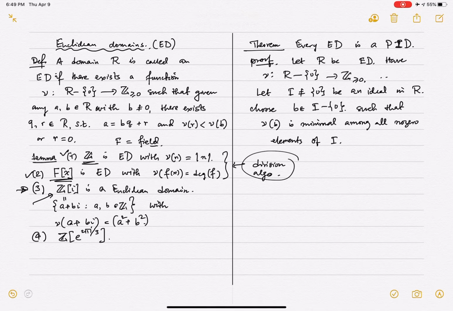The nu values are non-negative integers. Among a bunch of non-negative integers, by well ordering you always have a least one. Choose a B which has that least possible nu value.